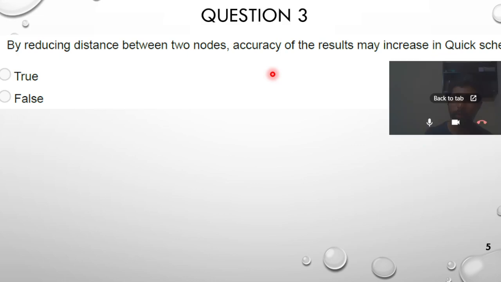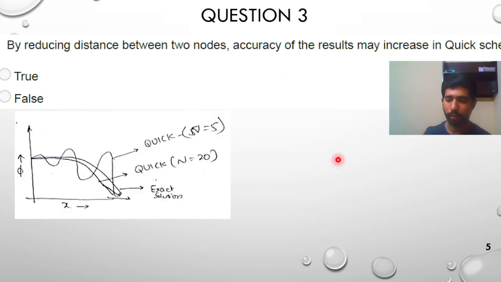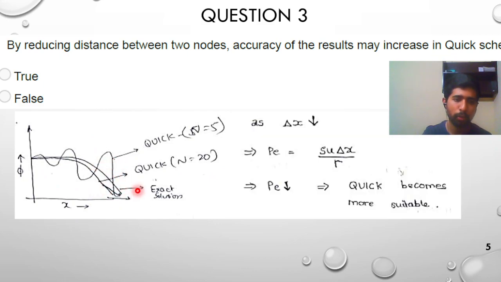As all of you have said, in this weekly content it was from n equal to 5 to 20. In general, when you increase the number of grid points, these wiggles will disappear and you will get a smoother solution, because the Peclet number is decreasing.